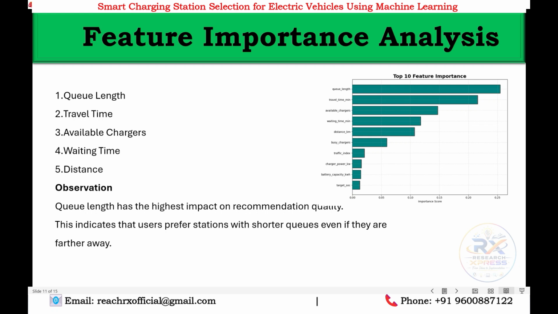We have used queue length, travel time, available chargers, waiting time, distance, DC chargers, traffic index, charger power, battery capacity, target SOC. These are the top 10 feature importances. From this observation, we can see users prefer stations with shorter queues, even if they are at a longer distance.